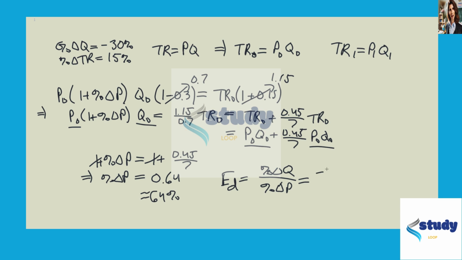And when we do this, we'll get minus 30% over roughly 64%. Point being that in absolute value terms, this value is less than 1, which implies that demand is inelastic.